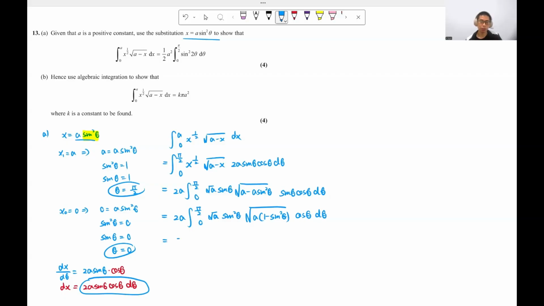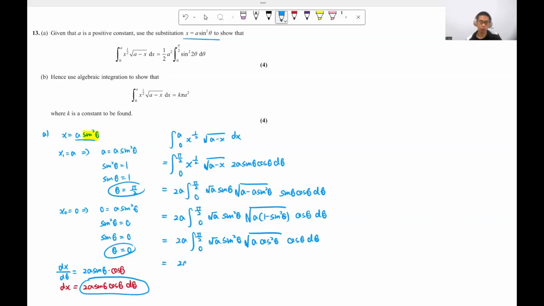So then that would be 2a, root a sin²θ, and then the square root of a times cos²θ, and then cos θ dθ.